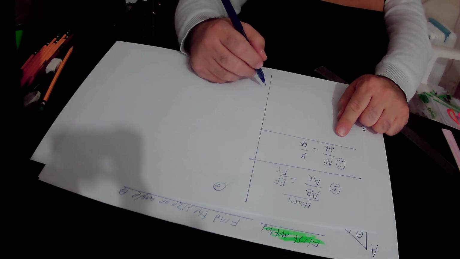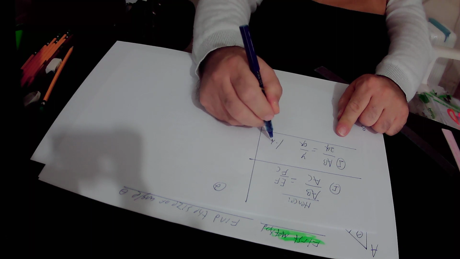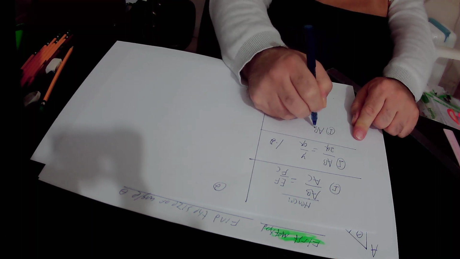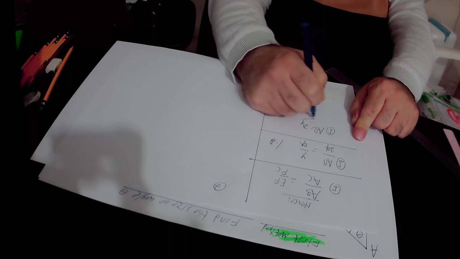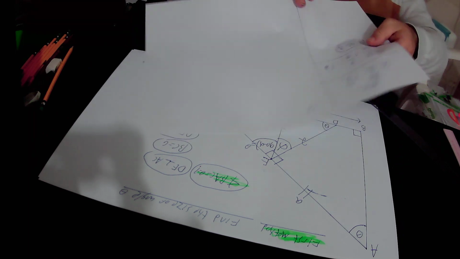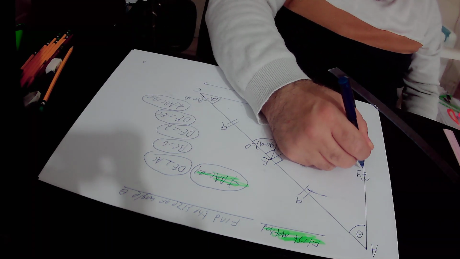We will multiply equation number 1 by 2, and we get that AB equals 2Y. Can I tell that AB equals 2Y?